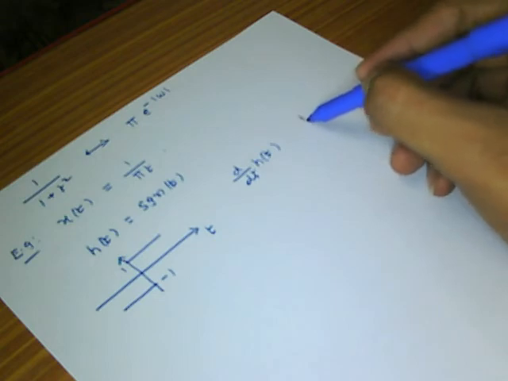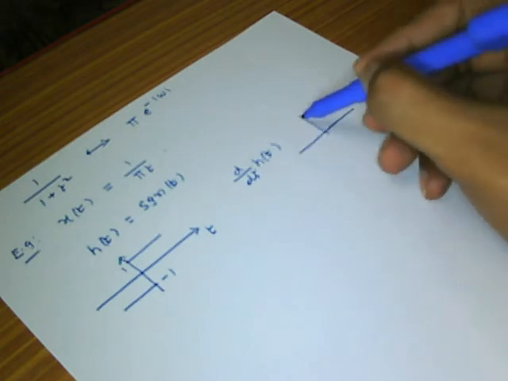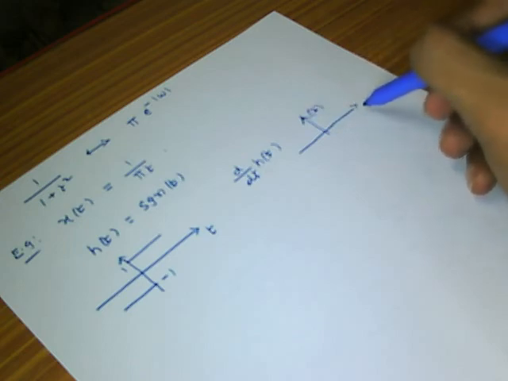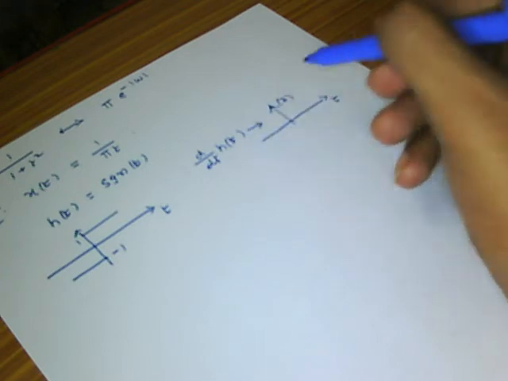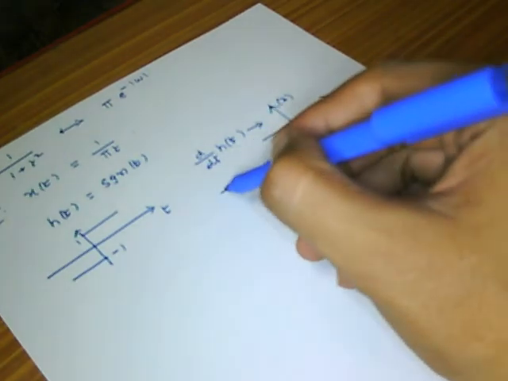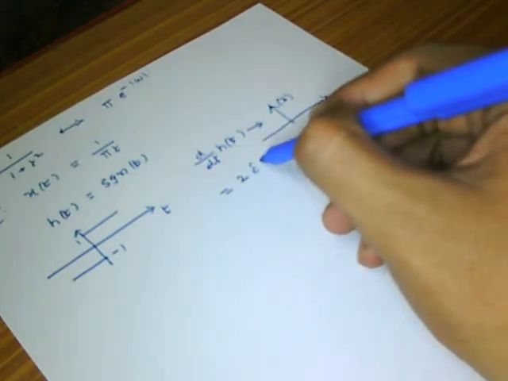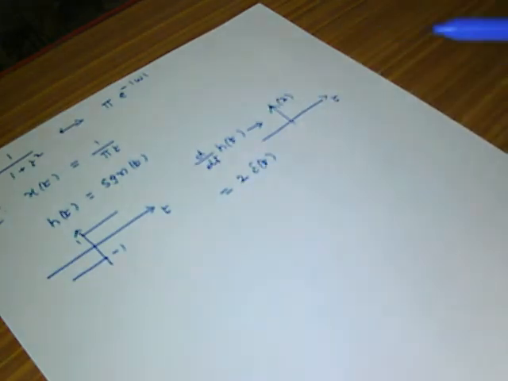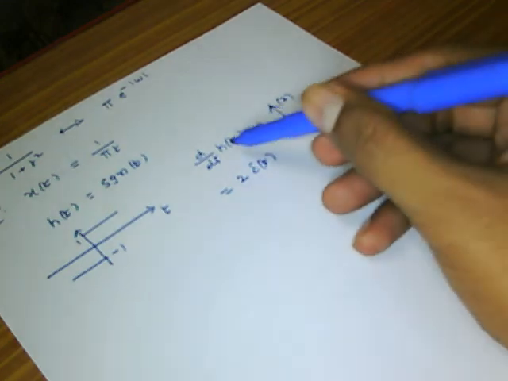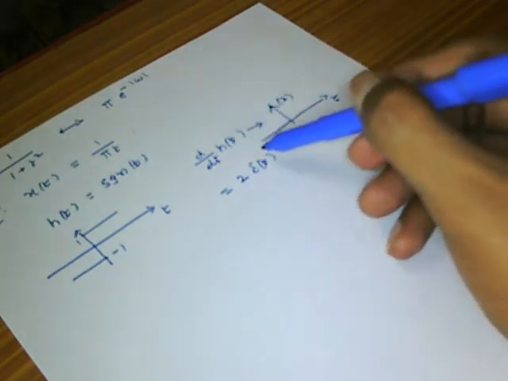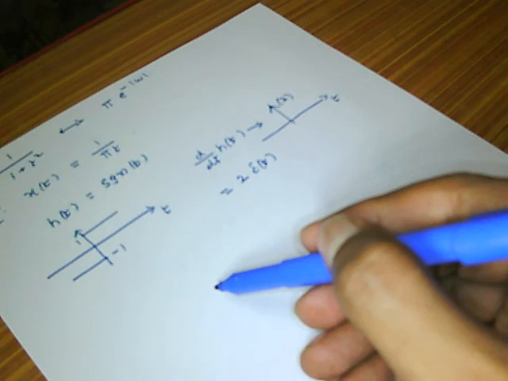So how does the plot of that look? d h of t by dt will look something like this. So this is same as 2 times delta of t. So if you take the Fourier transform on both sides, what do we get?